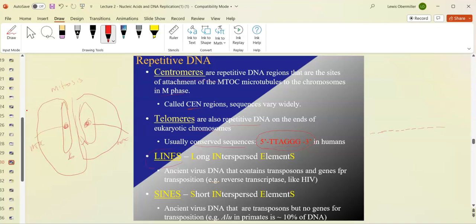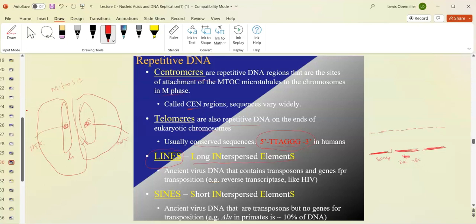There's things called LINEs. These are long interspersed elements. Generally, this is repetitive DNA, but it's bigger. Usually, it's about 800 bases. It can be smaller, maybe 400. I mean, usually it's not 400, maybe 2,000 to 8,000. So these are big pieces of DNA that are repetitive over and over again.